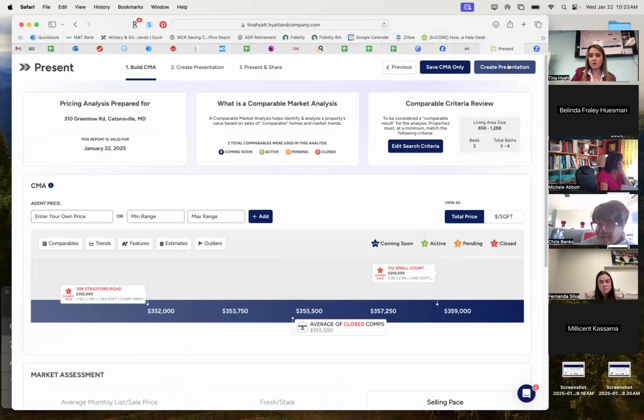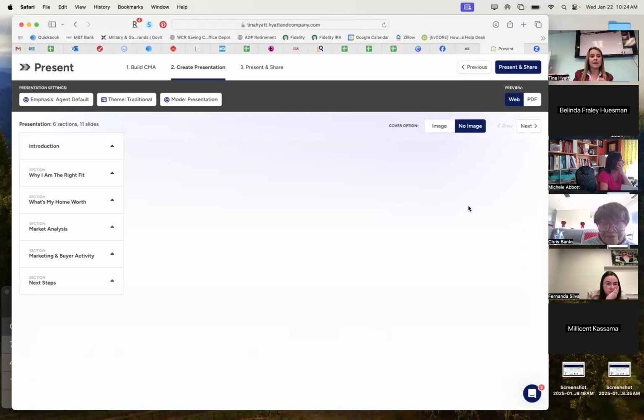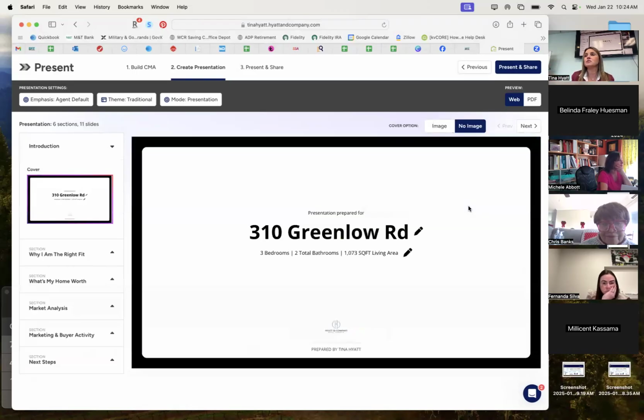So now what I'm going to do is you can either just save your CMA and it will just create and save a CMA for you, or I can go up here and I can click on create presentation. So because we're doing create presentation, I'm going to click create presentation. So now it's building my listing presentation and it's embedding my CMA report into my listing presentation.